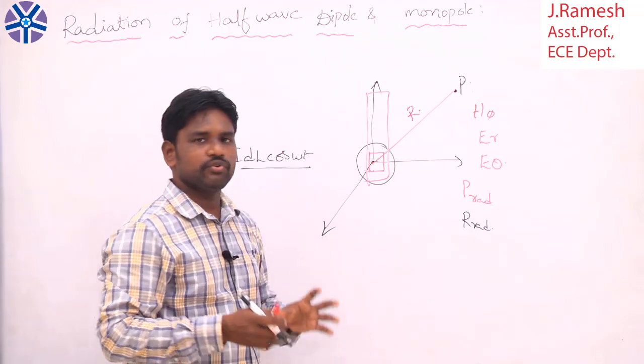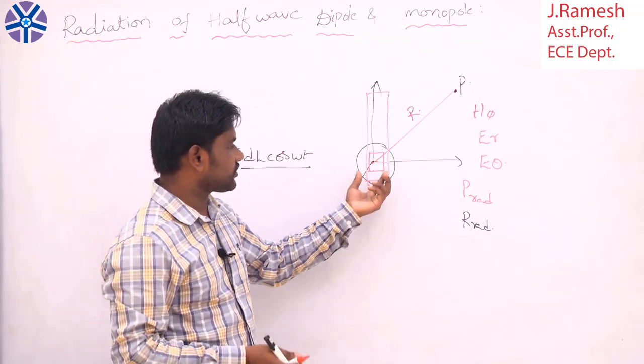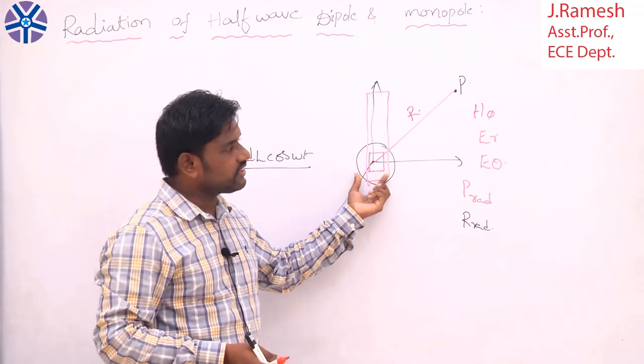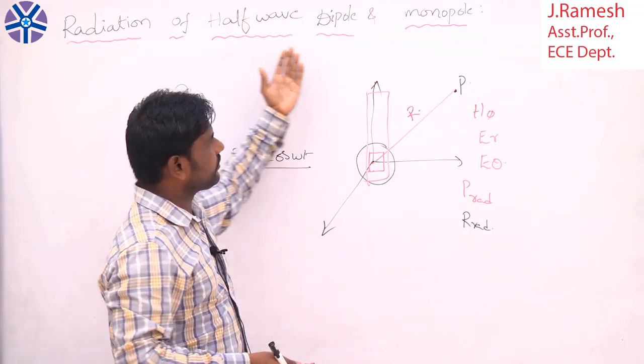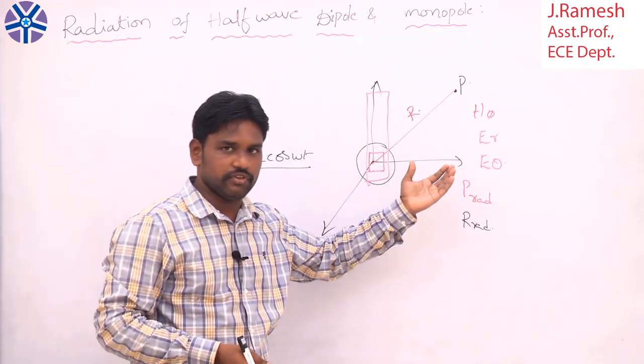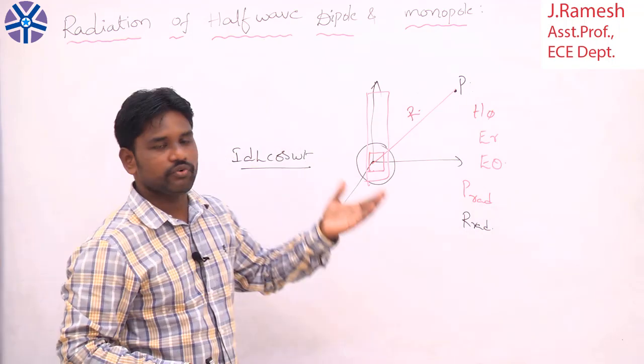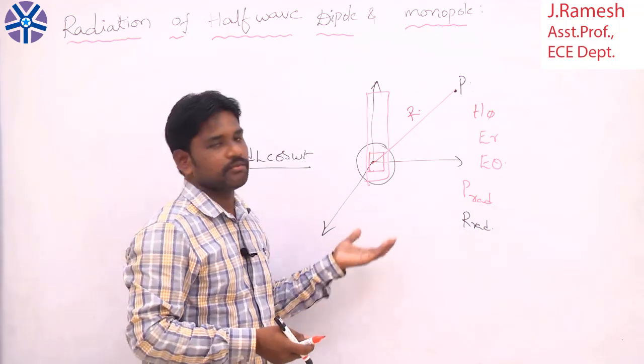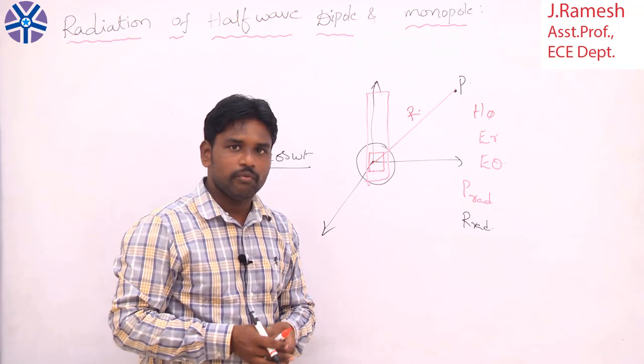Now I am going to do the same analysis that I did for the small element, again for the half-wave dipole and the monopole. Before going to that, I am going to draw the length of the half-wave dipole and the length of the monopole.